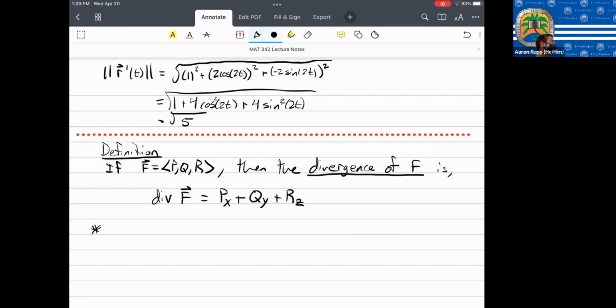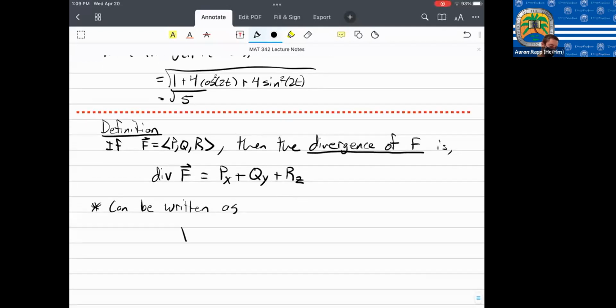Now, this divergence operator can also be written a different way. Kind of hijacking some notation. It can also be written as gradient, as a dot product with your vector field.